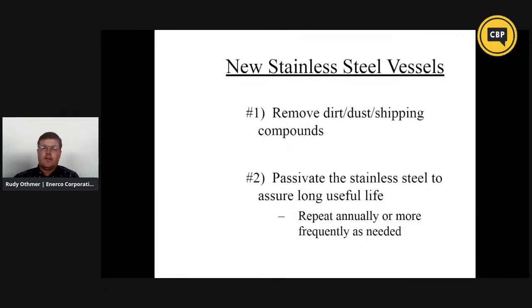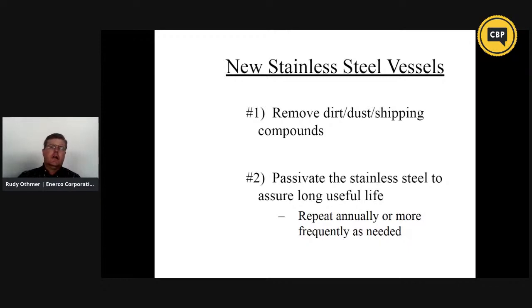So we're first setting up our brewery. We got some new stainless steel vessels. We need to remove dirt, dust, shipping compounds. We need to get the vessel clean first.